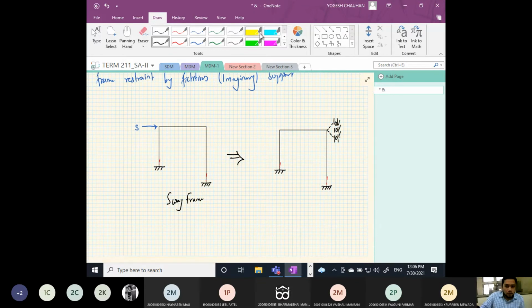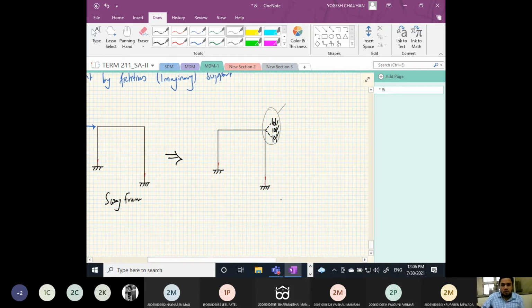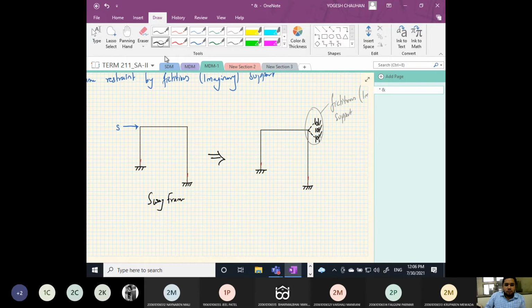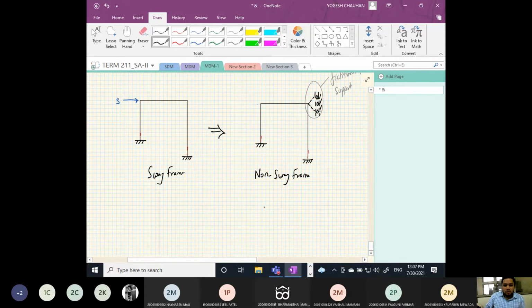Okay, this is nothing but the fictitious support. That means imagine there is a support over here and analyze the frame as a non-sway frame. So this is the first step. Then, next step.